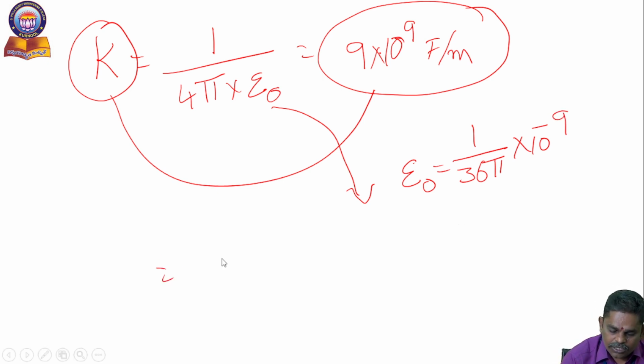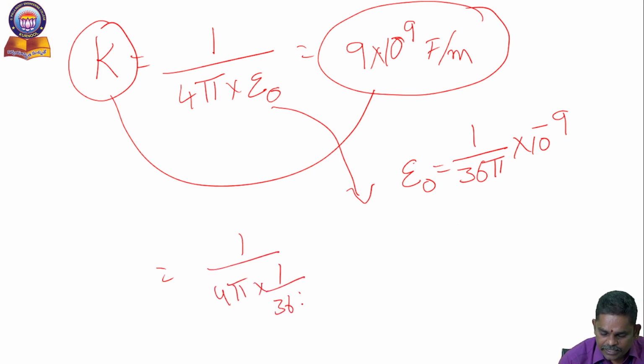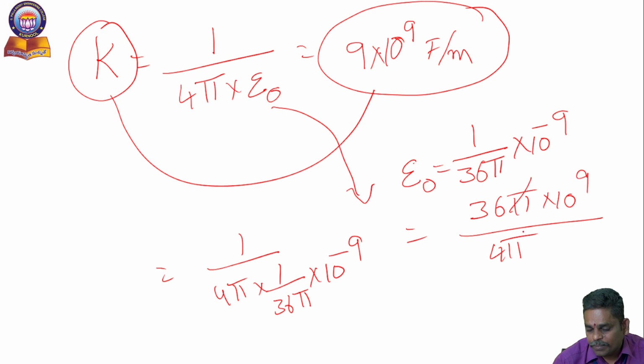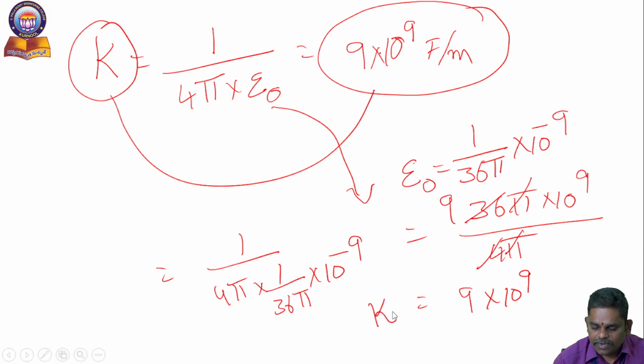If you substitute this, 1 by 4 pi into 1 by 36 pi into 10 power minus 9, and solve, we get 36 pi into 10 power 9 divided by 4 pi. Pi gets cancelled. 4 nines are 36, so it is 9 into 10 power 9. This is the k value.